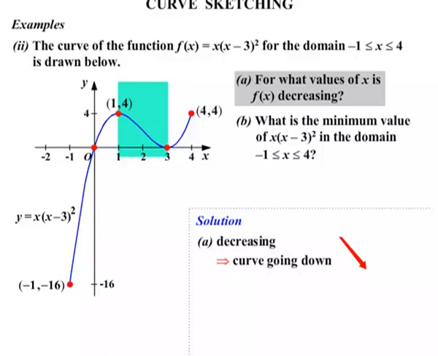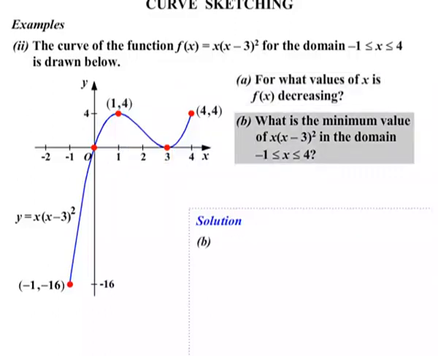The curve is going down between 1 and 3, the x values. So f of x is decreasing when x is between 1 and 3. And notice we didn't include the 1 or the 3, it's strictly less than, because they're actually stationary points, neither increasing nor decreasing.